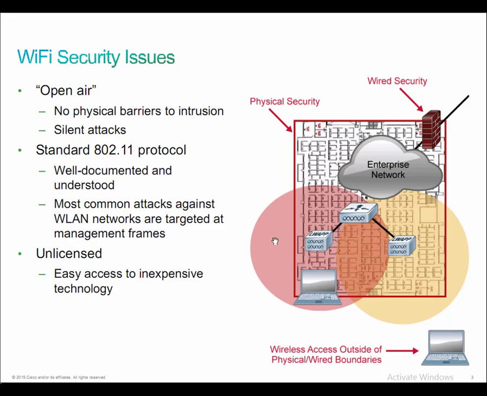Because the popularity of Wi-Fi is so prevalent now, it's the low cost of deployment, it's easy to obtain devices, it's a fairly well-known standard. I mean, it's based on several different standards, but they're all very well known. So there are several different types of open air attacks that you can see in a wireless environment. Some of them are spoofing attacks, some of them are man-in-the-middle attacks, some of them are denial of service attacks.